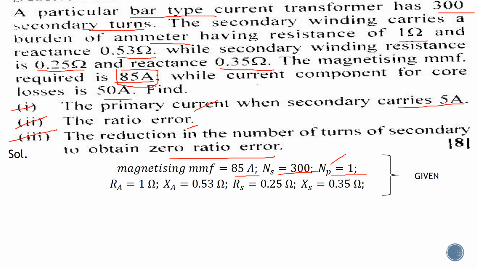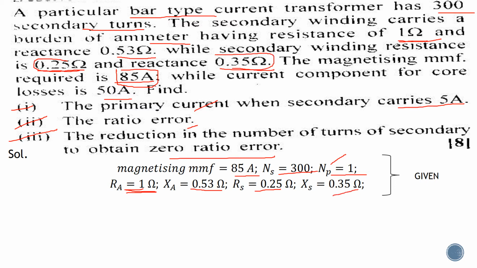The secondary winding is having a burden of an ammeter. The ammeter is given with resistance 1 ohm and its reactance 0.53 ohm. In the same way, secondary winding resistance is given as 0.25 ohm and its reactance is given as 0.35 ohm.